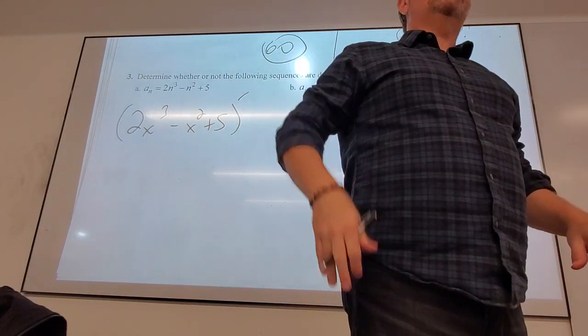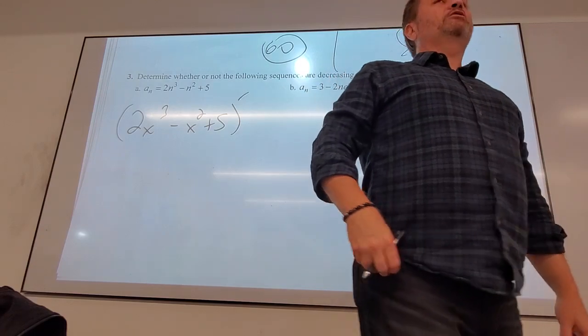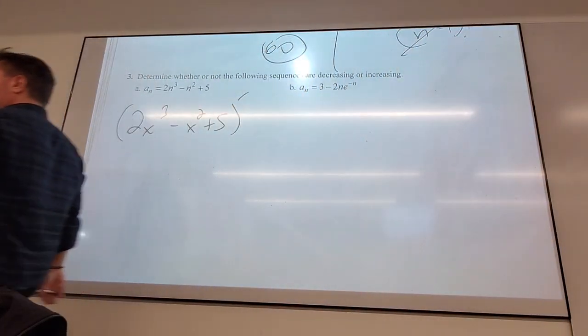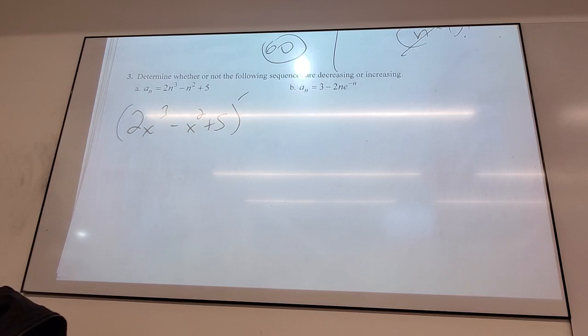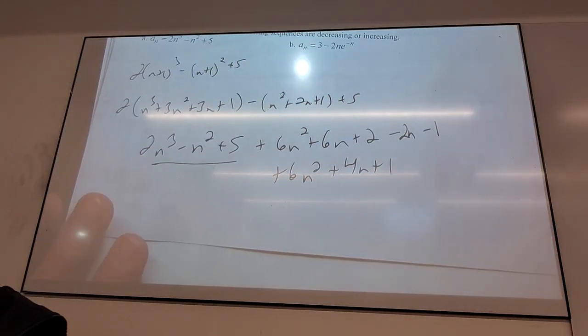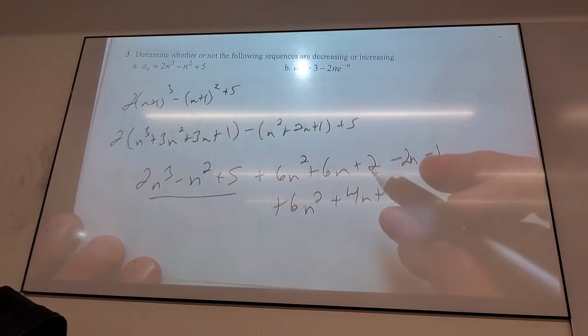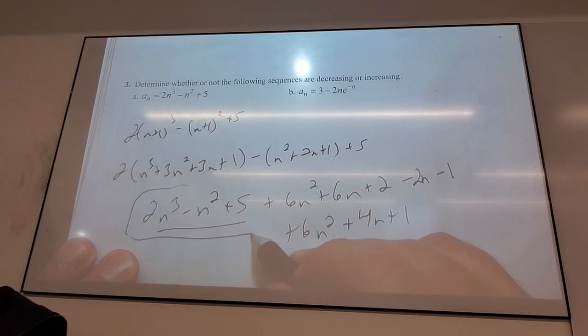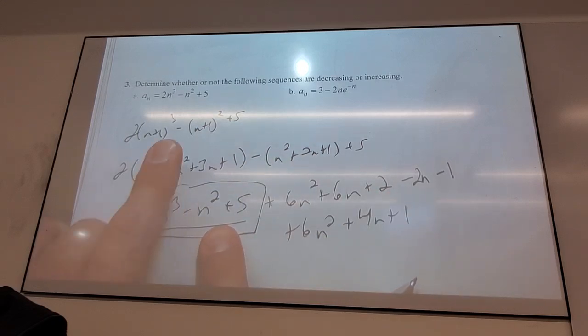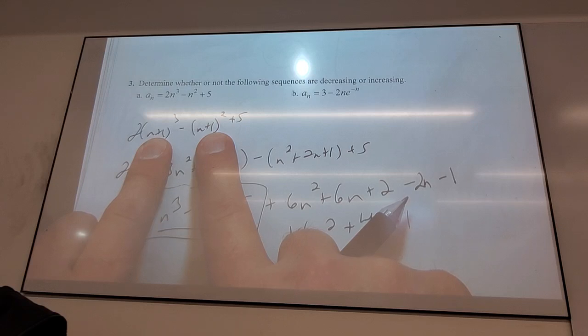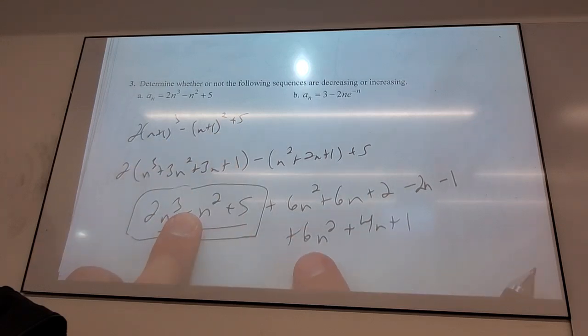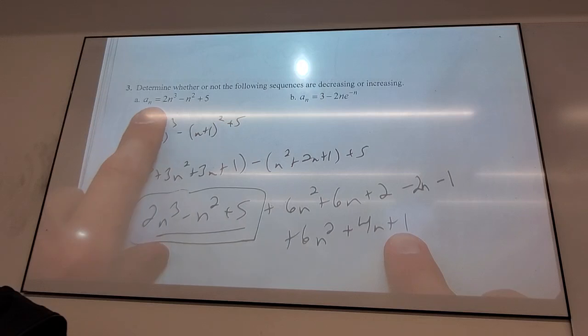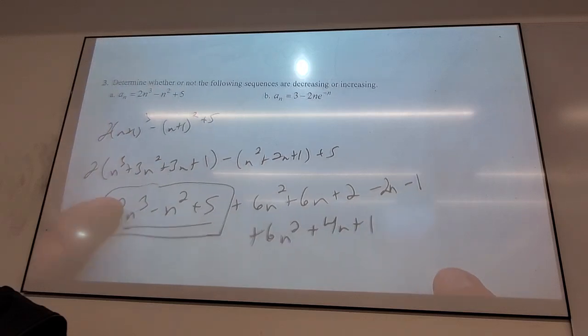I'll show you because I did it just out of curiosity about how ugly it would look. So if you do it, what is this? That's a_n, and this is a_(n+1). Do you see it's a_(n+1)? And doesn't it have extra positive terms? So isn't a_(n+1) bigger than a_n? I don't want to do it that way.